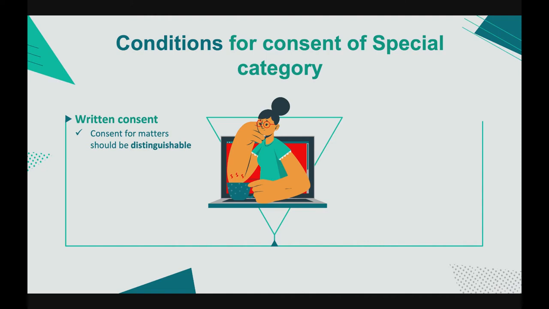So, in other words, the consent must be provided in a clear and plain language. So, no more pre-ticking the boxes or making it necessary to provide consent for data that might not be relevant for the purpose of processing to which the data subject has agreed to.